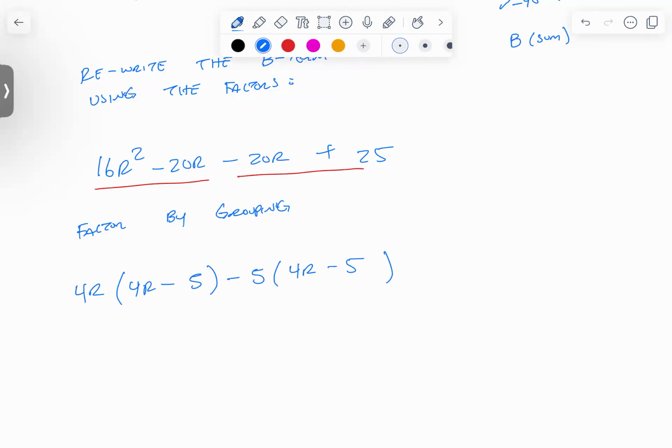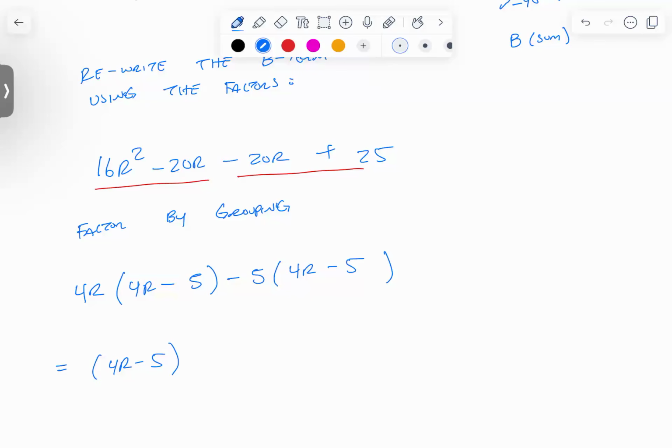How do you know grouping worked? These match. What is inside matches, and that's why if you only pulled out 5, this technically would have said negative 4r plus 5. So you pull it out, and the 2 insides match, and then you factor 4r minus 5 all the way out. When I factor 4r minus 5 all the way out, what's left? 4r minus 5.